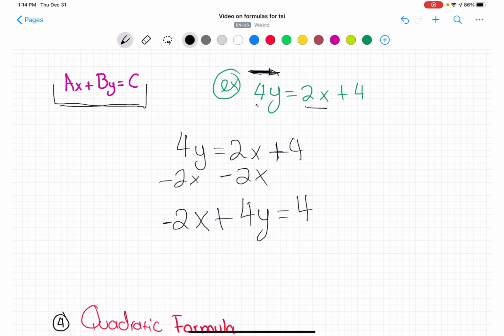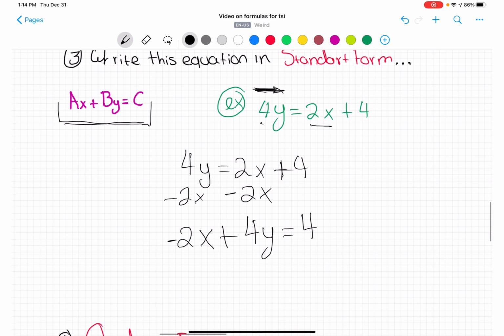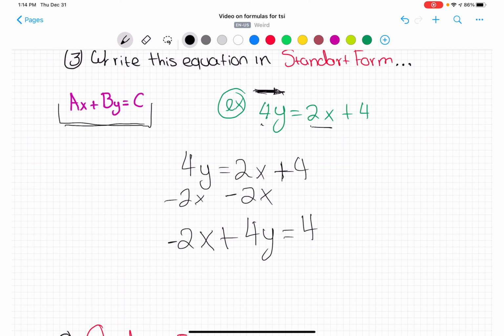And here you would think that you are done, but this number a can never be negative. So what I'm going to do is just a trick. I'm going to multiply this whole thing by a negative 1. Since I have a negative right here, I'm going to multiply everything, and whatever I do on one side I must do to the other. So I will multiply this number also by a negative 1.